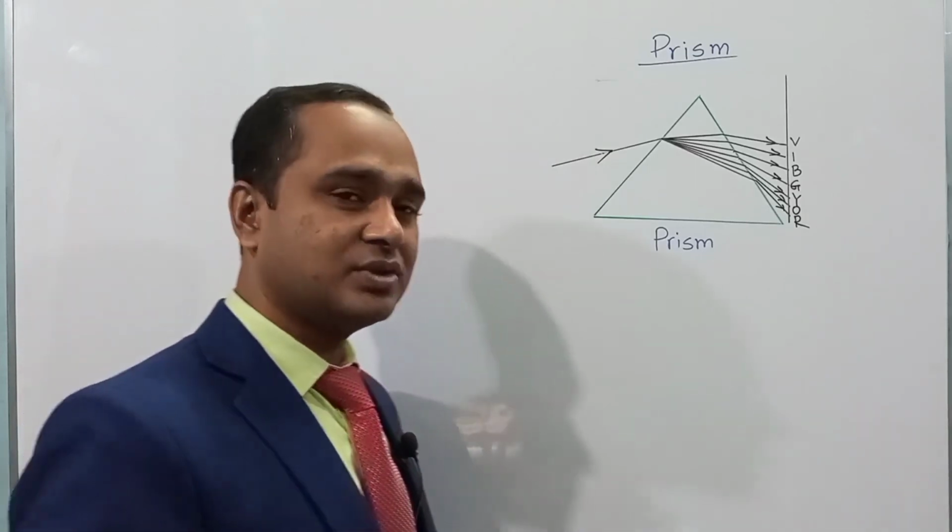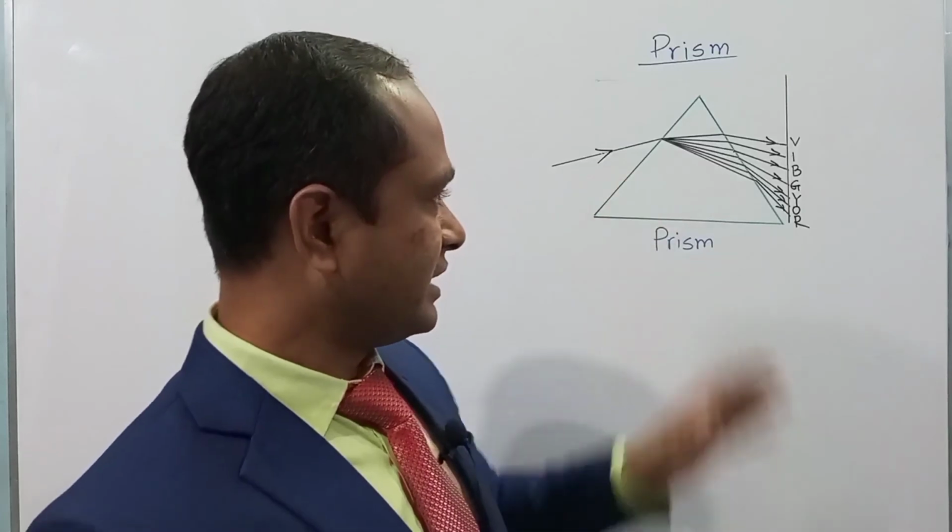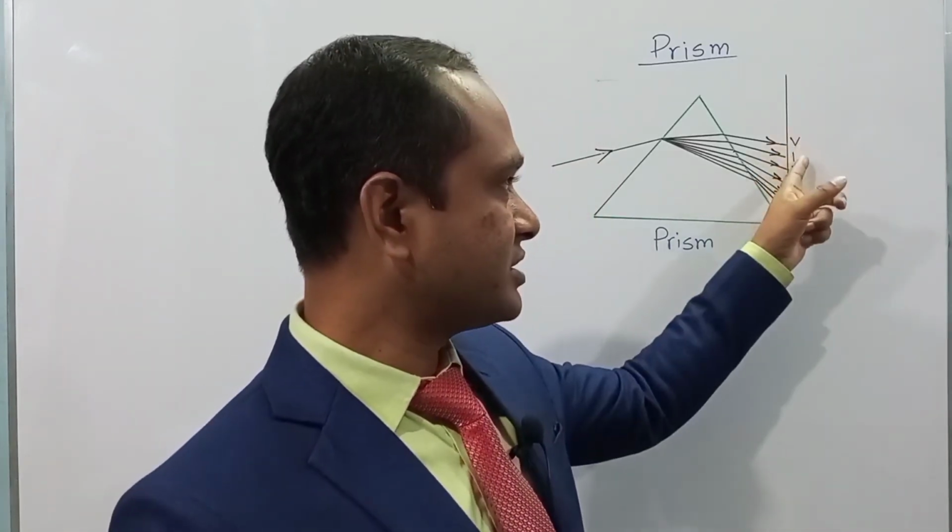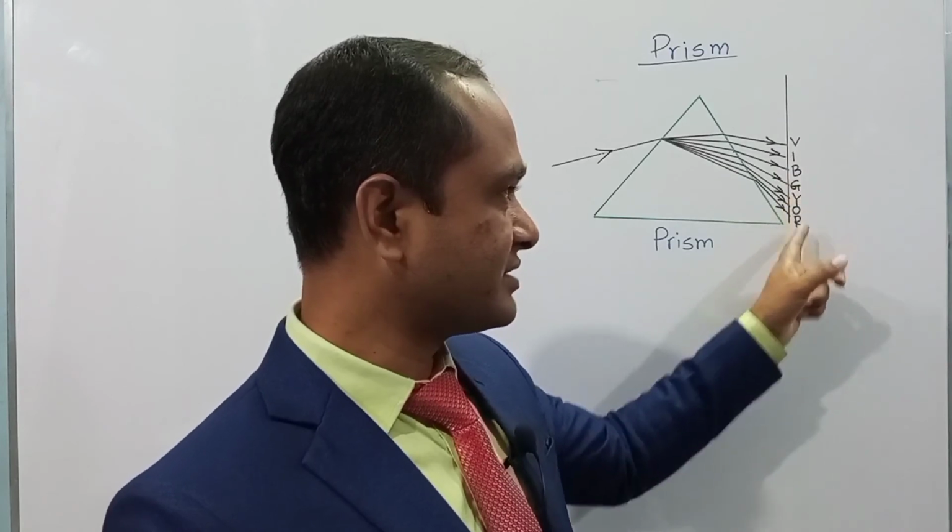Dear student, now we will see prism. What is a prism? Actually, a prism is a transparent medium bounded by three inclined planes. And white light consists of 7 colors, and the colors are violet, indigo, blue, green, yellow, orange, red, which is shortly known as VIBGYOR.